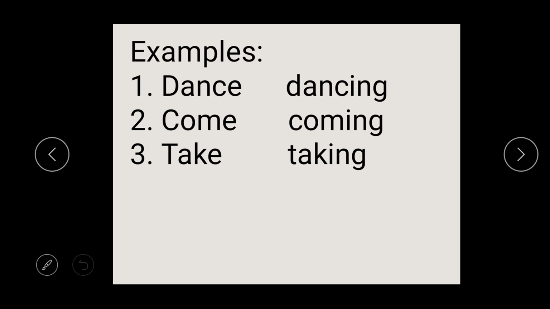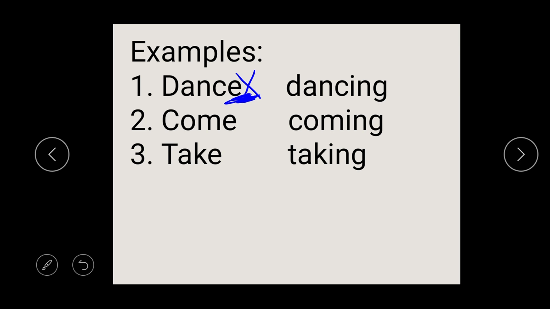Let's look at them. For example, you can have dance. When you see dance, you can see that the last letter here is e, and it is a silent e. What are you going to do? You are going to cancel the E, the silent E, then you add your ing.